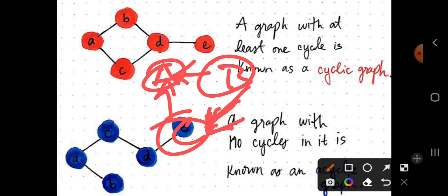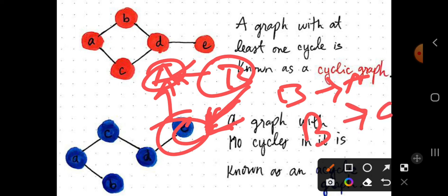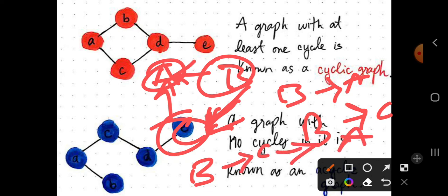Okay, and when I'm talking about the path, if you are going from B to A you can go, and B to C you can go, and from C you can go to A. This is a path. Okay, like this we will be having what? Connected graph and disconnected graph. It is a disconnected graph. Why?